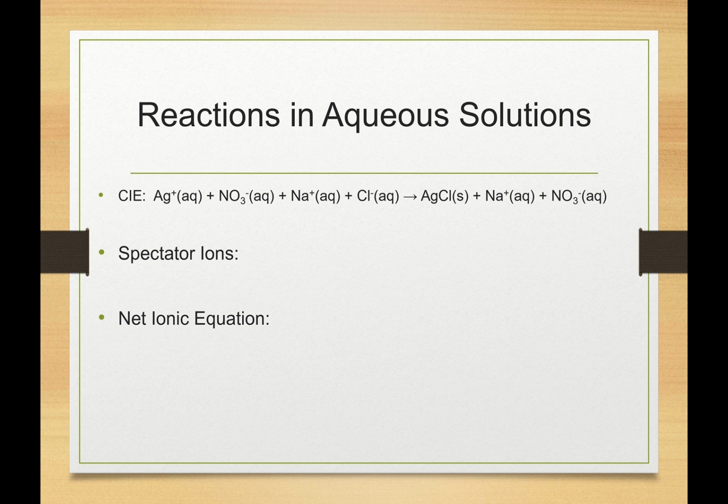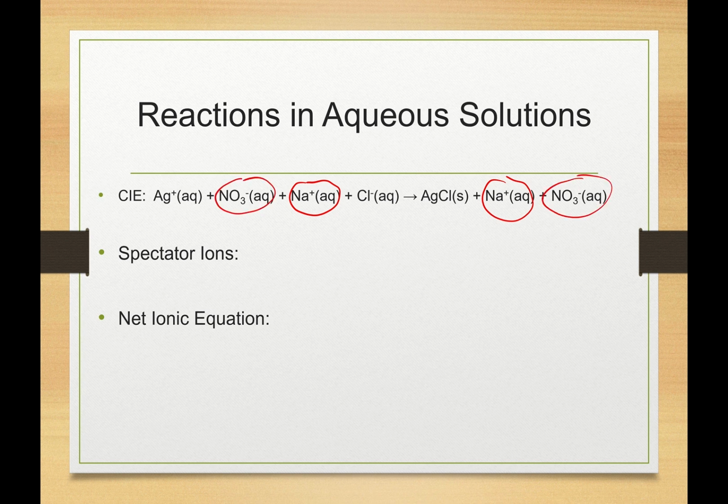To do so, we must first identify our spectator ions. The spectator ions are those ions that are present before and after the reaction. So if we look at the reactant and product side, we can see that we have sodium ions present on both sides, along with nitrate ions.